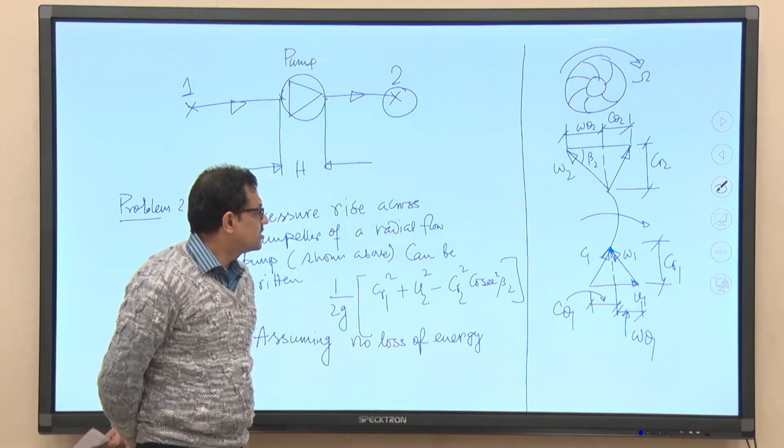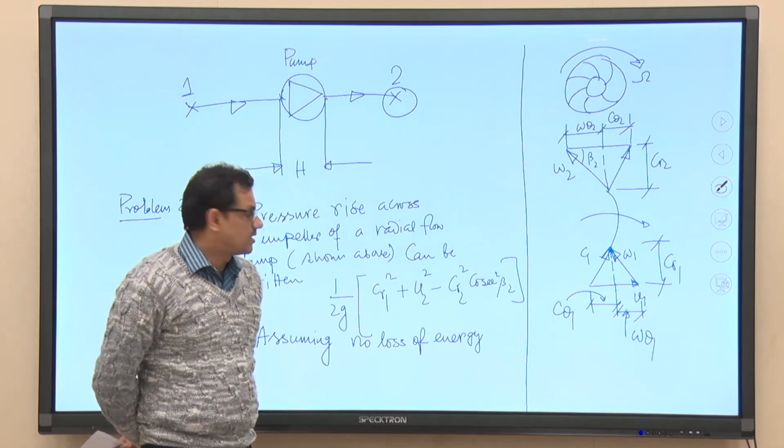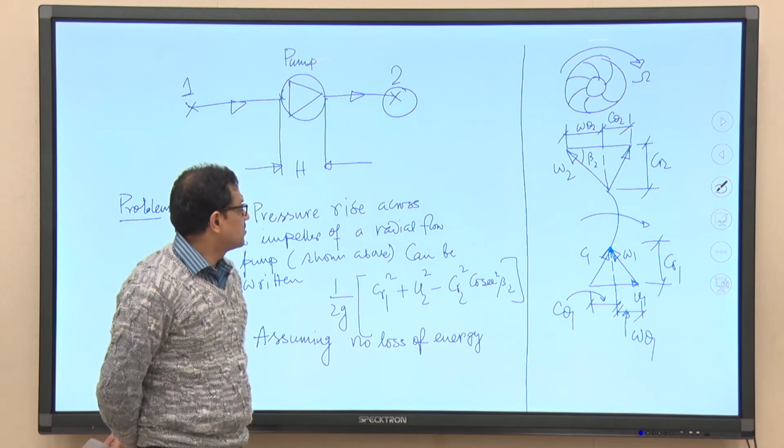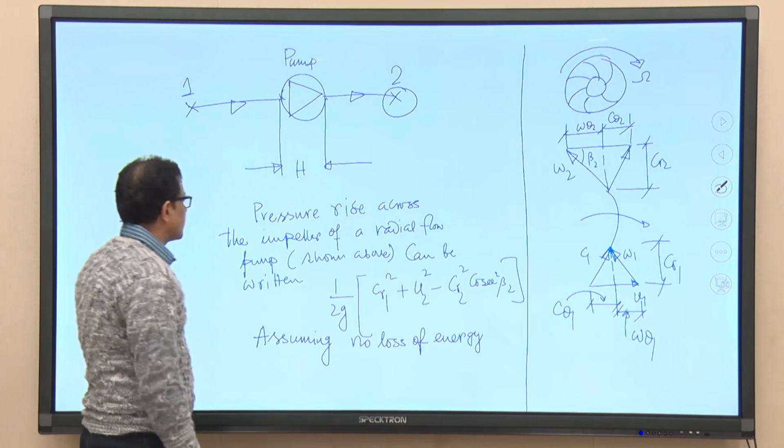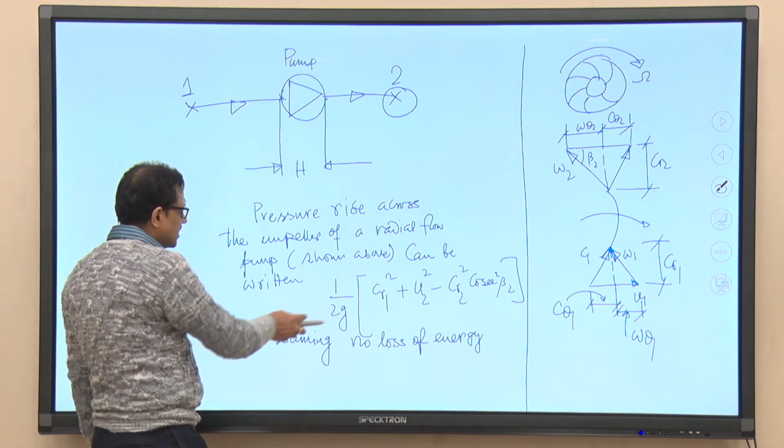So, we have drawn the velocity triangles both at inlet and outlet. From these velocity triangles we need to show that the pressure rise across the impeller of a radial flow pump can be written in this form.